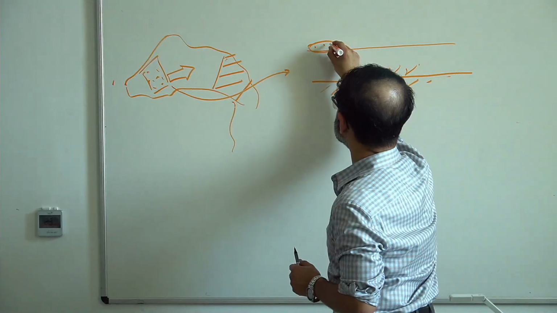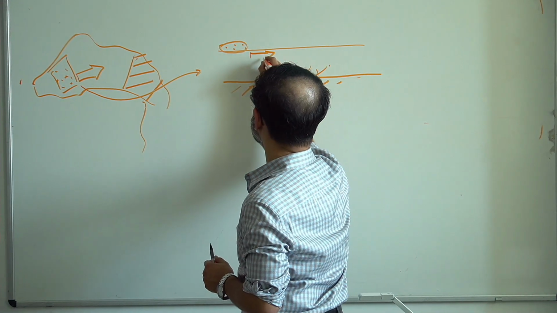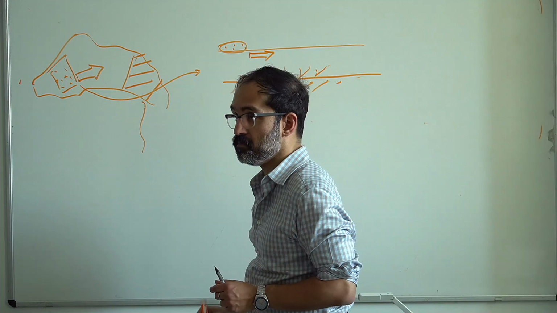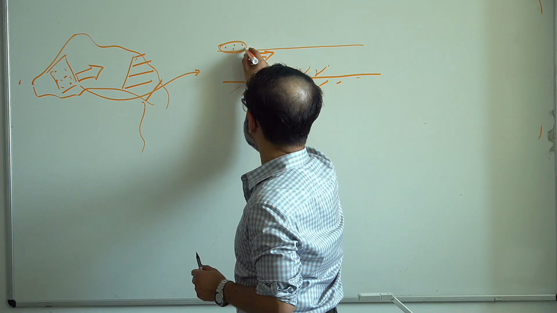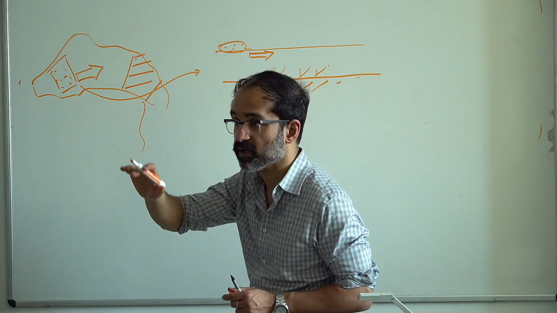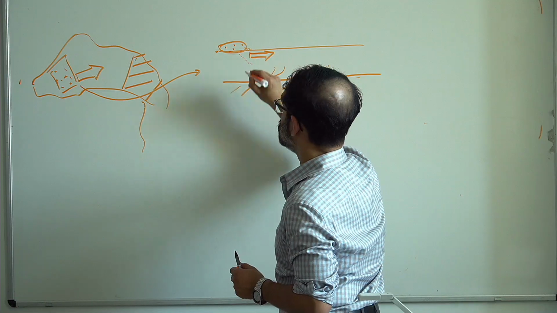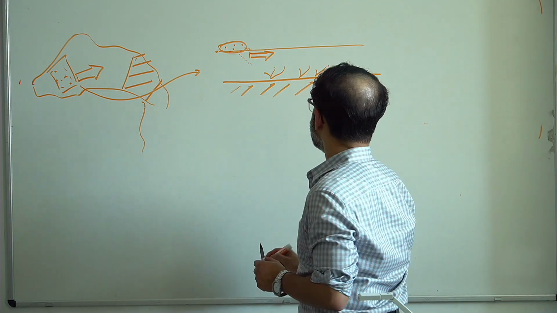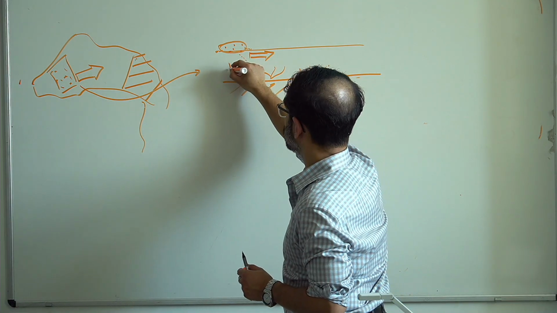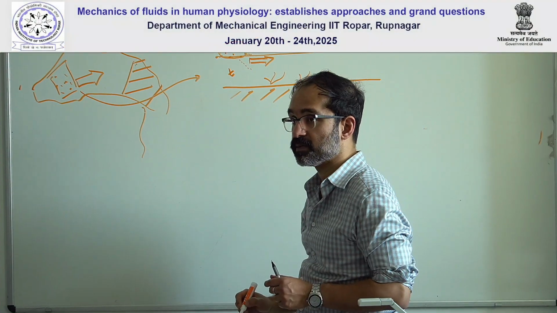It has some solutes in there, and now it has started to move with the mucociliary stream, right? While it does that, these solutes are getting over that mucus film, and probably they're penetrating through the gel there as well. So there is a time scale for that penetration, there is a time scale for the downstream transport.